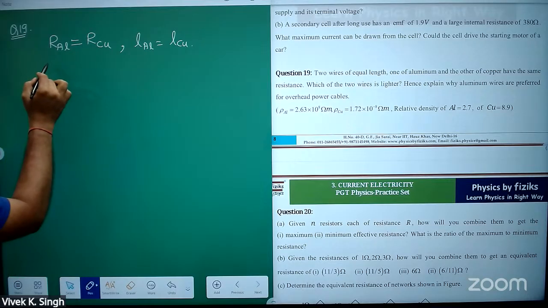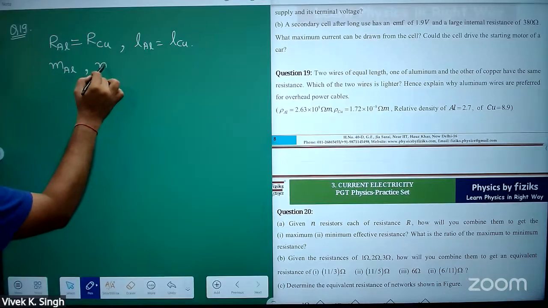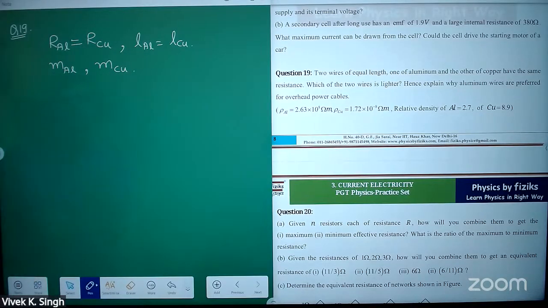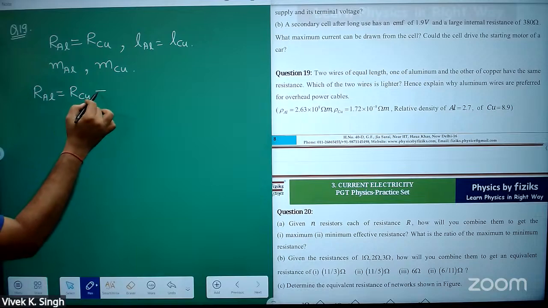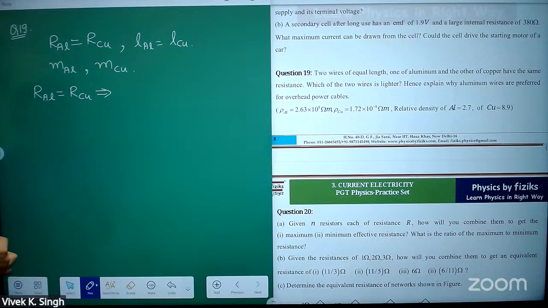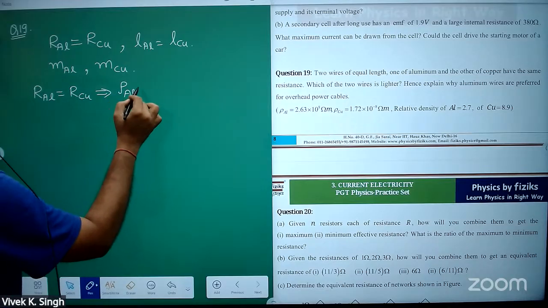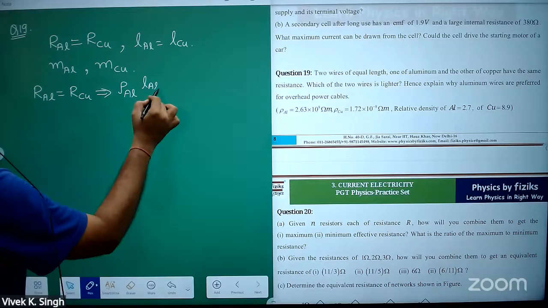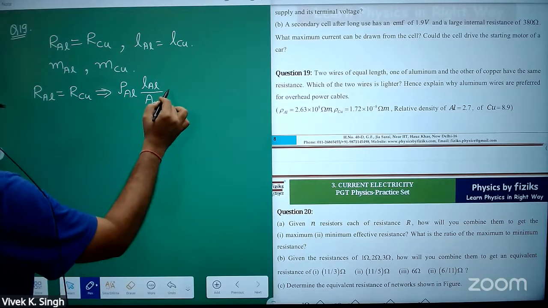And let the masses be mass of aluminum and mass of copper. R aluminum is R copper. This is given. So R is equal to rho L by A, cross-sectional area.